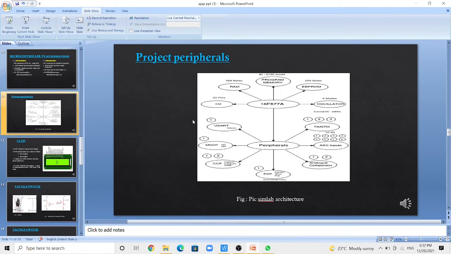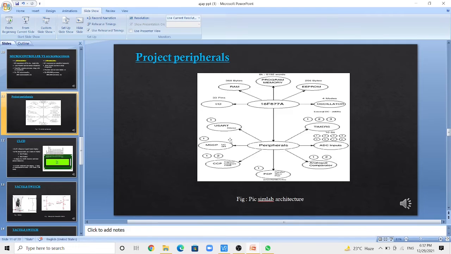In order to do a project, you must know what peripherals we have. Okay, so first of all, you must have a PIC16F877A microcontroller, and RAM, I/O, program memory, EEPROM, oscillator, timers, ADC circuits, analog components, CCP module, MSSP module.